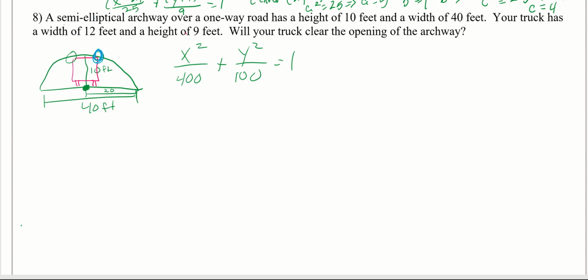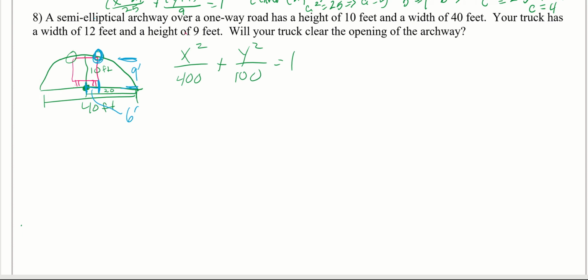It tells me that I have a 12-foot wide truck. So I know from here to here is going to be 6 feet, right? So that's 6 feet. And then from the top corner to the bottom, that is a 9-foot tall truck. Okay, so I'm hoping in the archway, 6 feet away from the center is going to be greater than 9 feet tall.